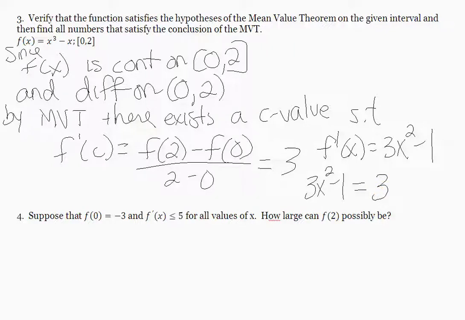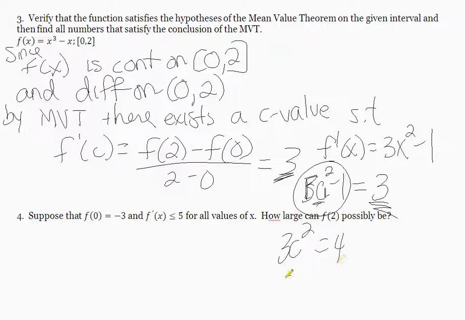Okay, and I can actually make this c, because we're saying there must be a c value. By the mean value theorem, the derivative must equal the slope of the endpoints. That's all that's saying. And now solve and see what we get.